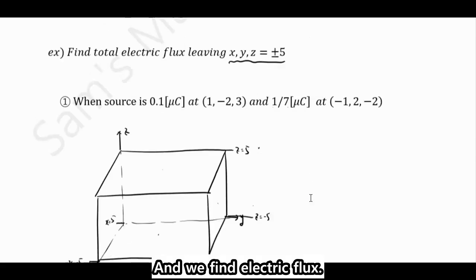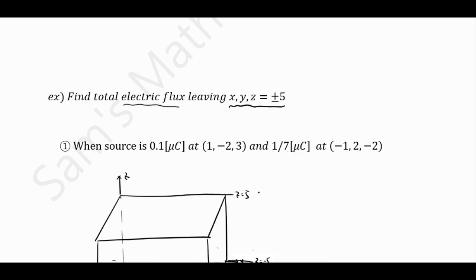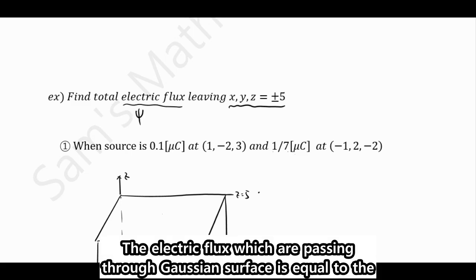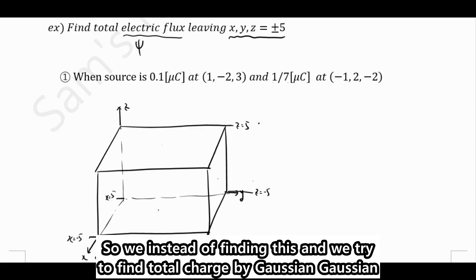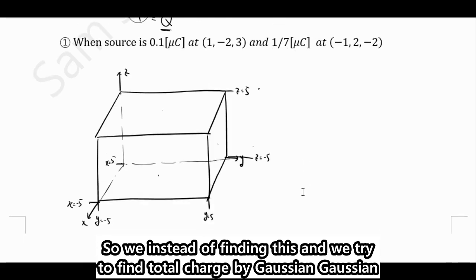And we find electric flux. The electric flux which is passing through the Gaussian surface is equal to the total charge inside the volume enclosed by the Gaussian surface. So instead of finding this directly, we try to find the total charge by Gauss's law.